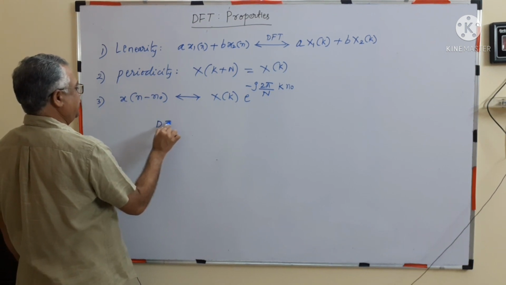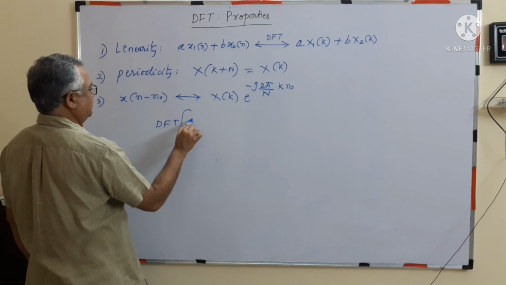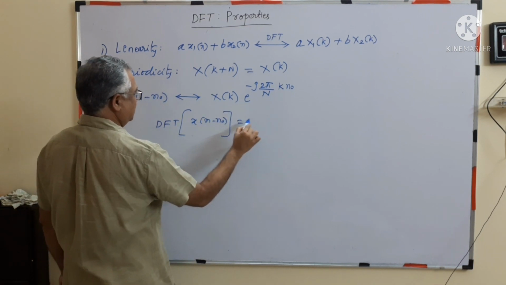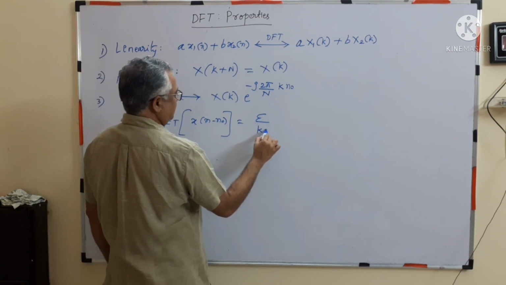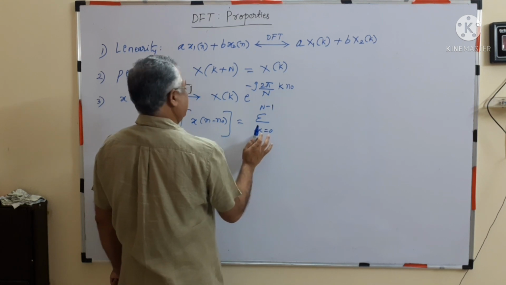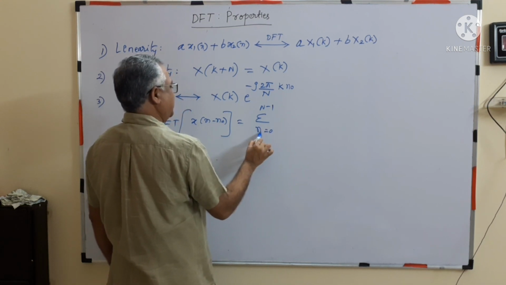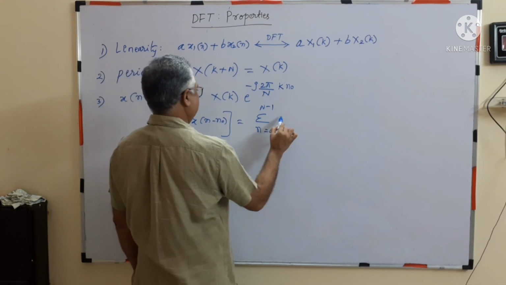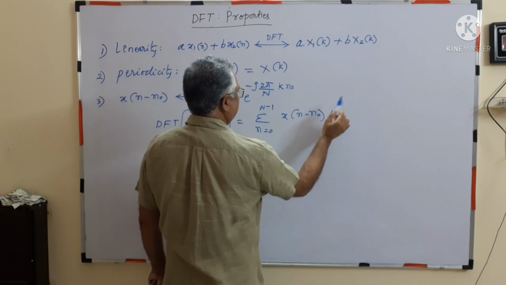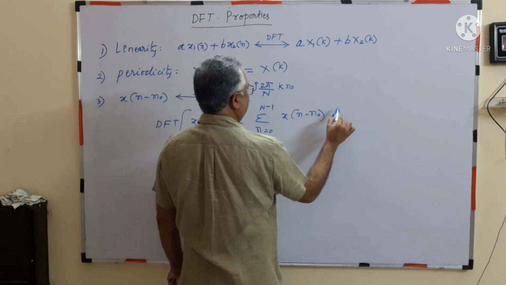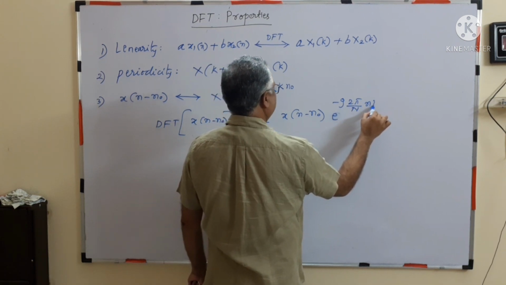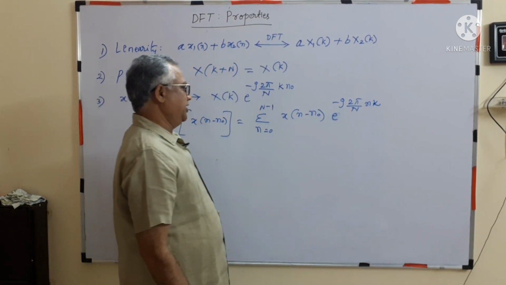Let us prove it. The DFT of x of n minus n naught is the sum from n equal to 0 to N minus 1 of x of n minus n naught e power minus j 2 pi by N n k. This is just the formula I have written.